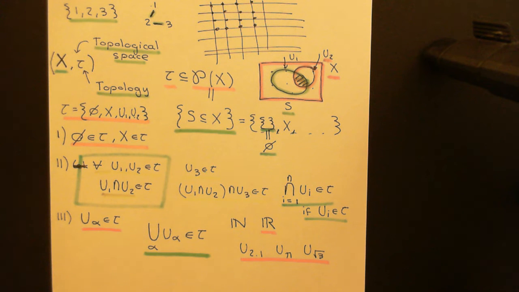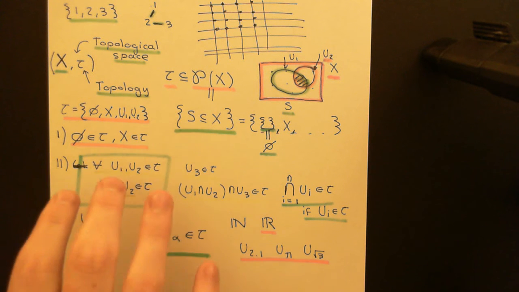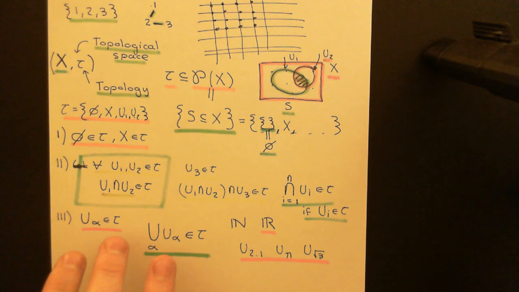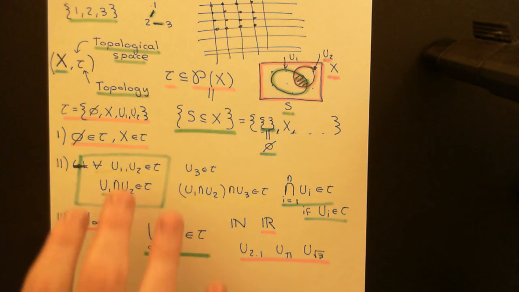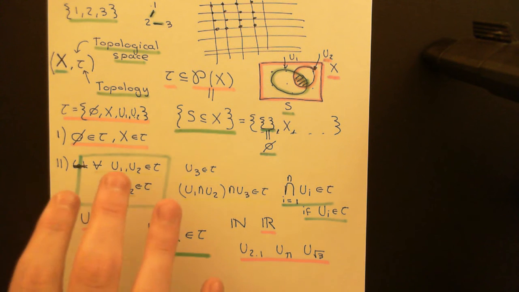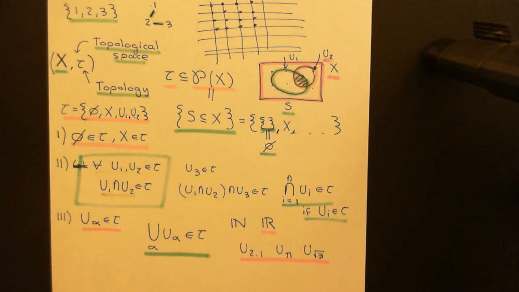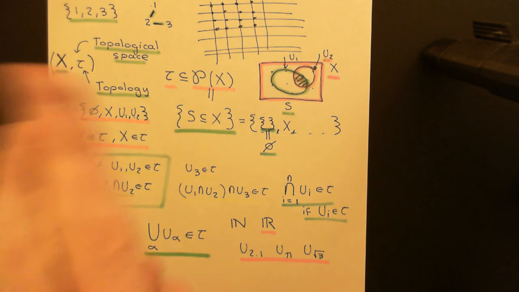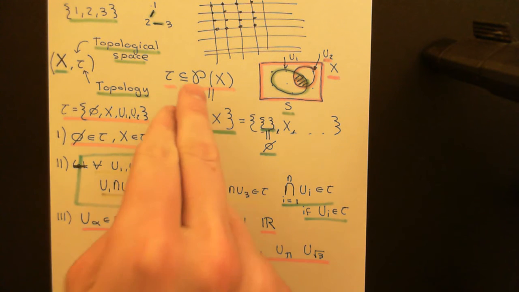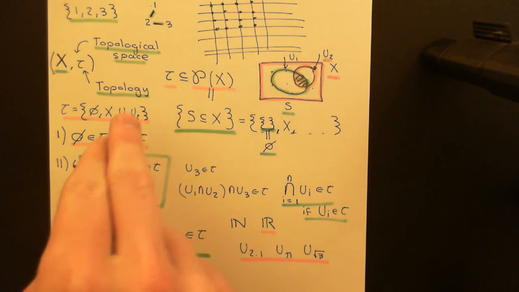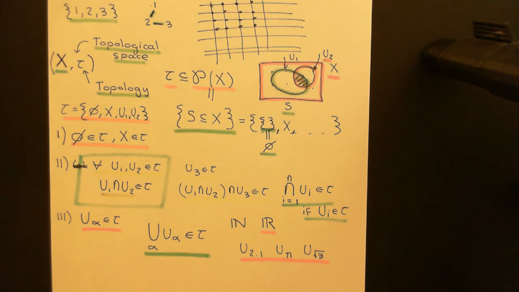Okay, now I am not in this video going to be able to actually justify why we insist on having these three axioms. That will come from the rigorous abstract study of topology, specifically looking at the definition of continuous functions between two topological spaces. But what I do aim to give you the intuition for in this video is why we look to a subset of the power set of a set in order to actually capture this notion of what is next to what in the set.